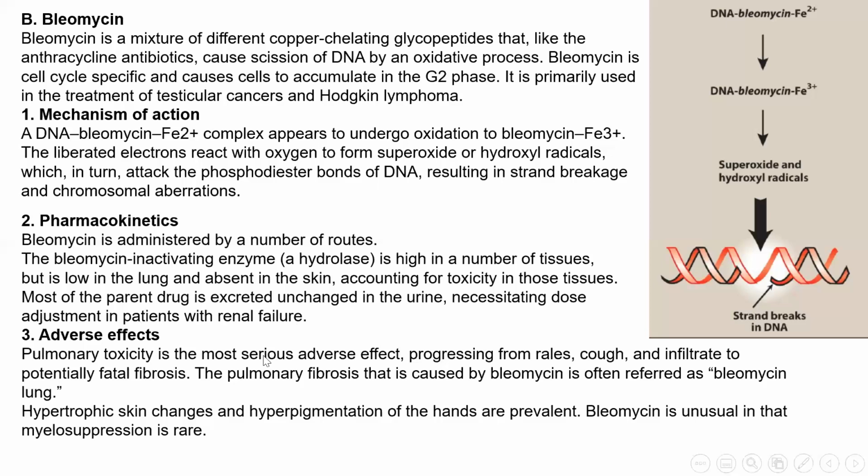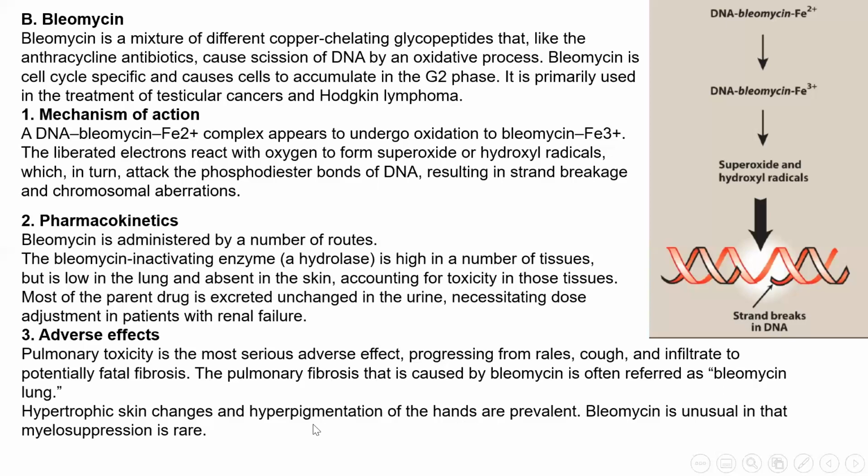Adverse effects: the most common and serious side effect of bleomycin is pulmonary toxicity. This causes symptoms such as rales, which are abnormal sounds from the lung, cough, and infiltrates, leading to potentially fatal fibrosis. This pulmonary fibrosis is called bleomycin lung.